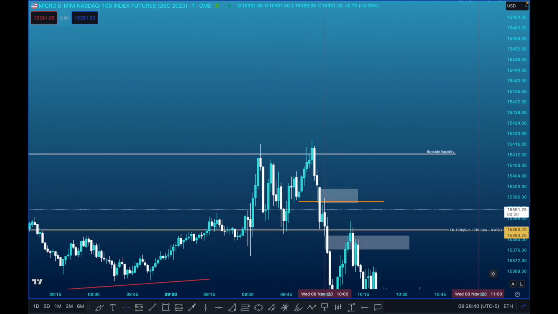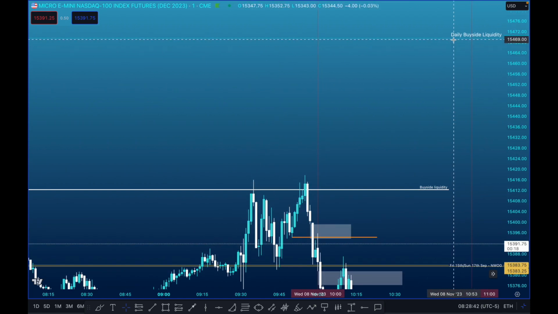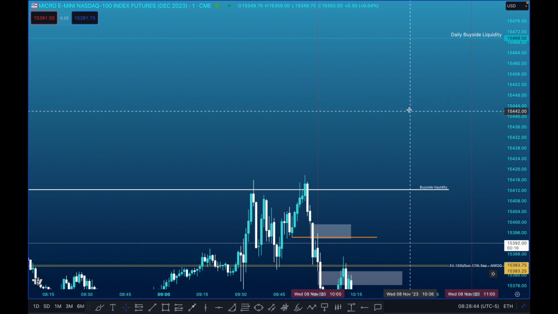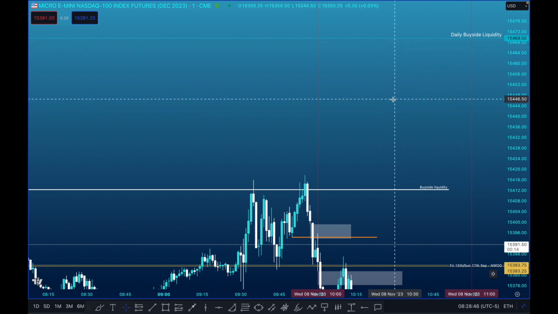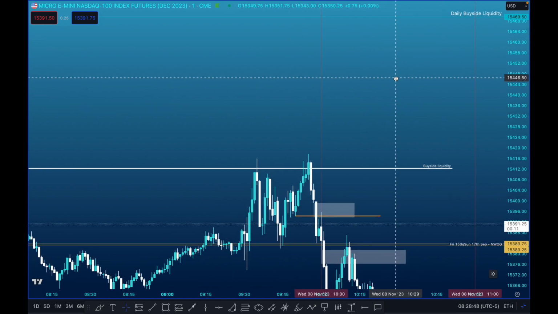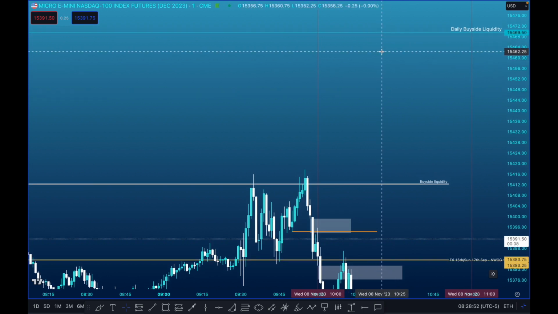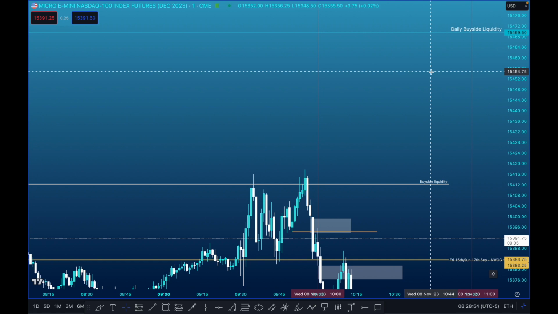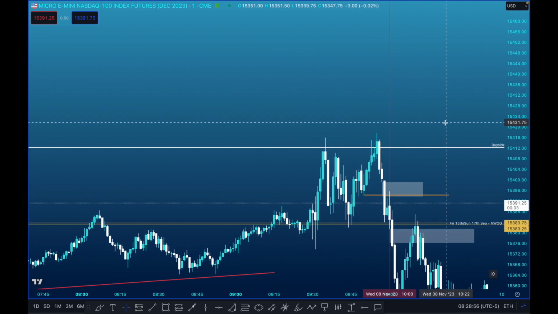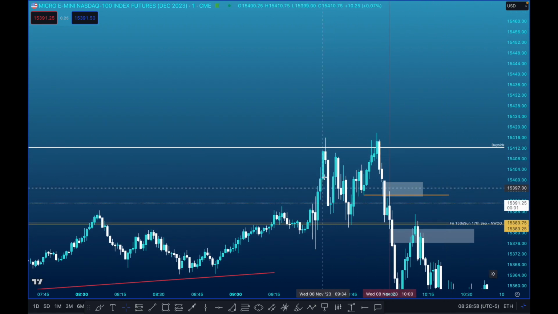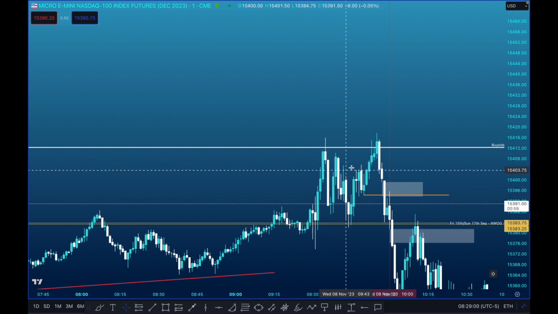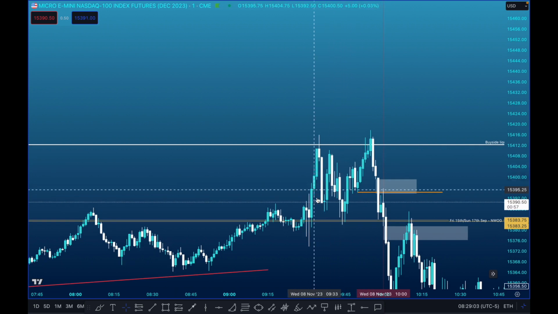We've got this daily buy side liquidity up here, which I believe the market is going to be drawn to maybe today. We'll have to see how this session plays out going into New York, but daily buy side liquidity at 15469. So with this yesterday, and we had this drop off, we could have ran higher.